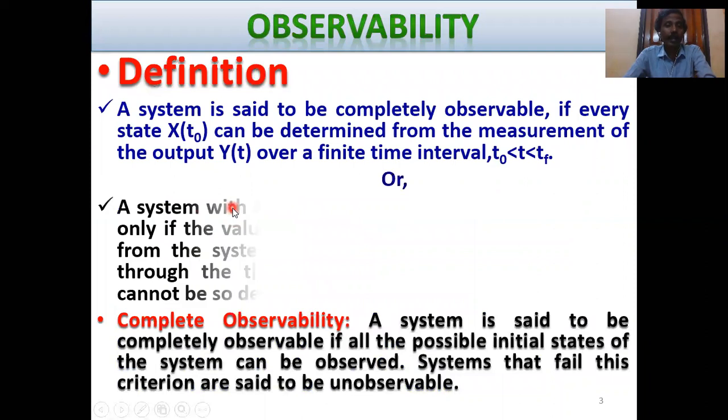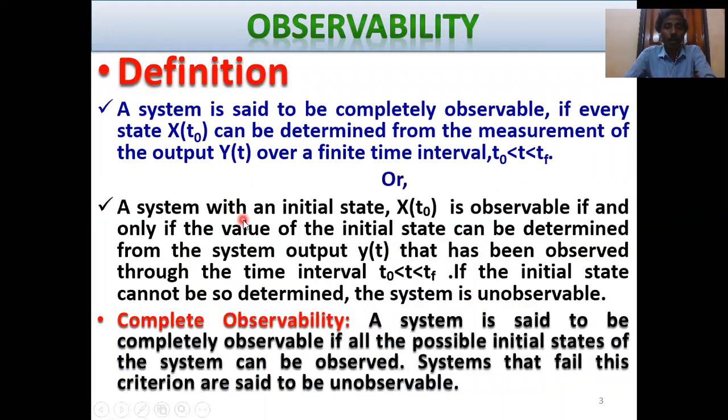Another definition: a system with an initial state x of t0 is observable if and only if the value of the initial state can be determined from the system output y of t that has been observed over the time interval t0 to tf. If the initial state cannot be so determined, the system is unobservable.